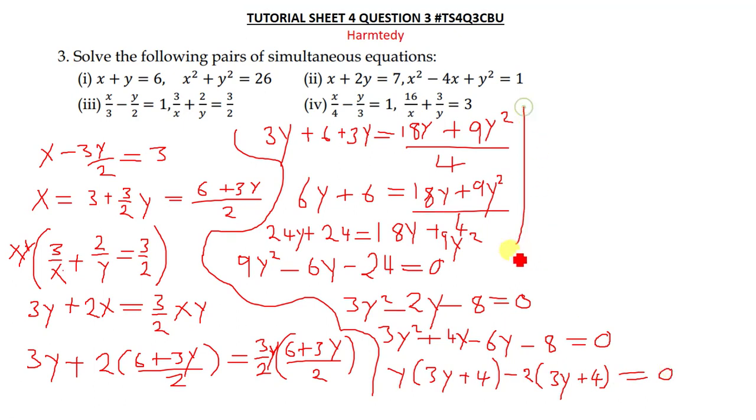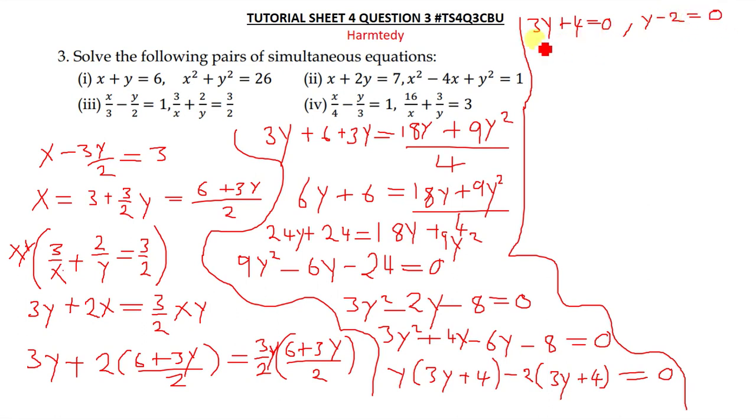And then from there we're going to say 3y plus 4 is equal to 0, and then another one is y minus 2 is equal to 0. So the first value of y will just be equal to -4 over 3. The other value of y is just going to be equal to +2.